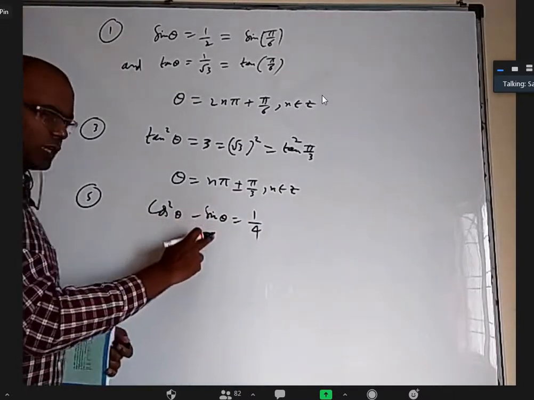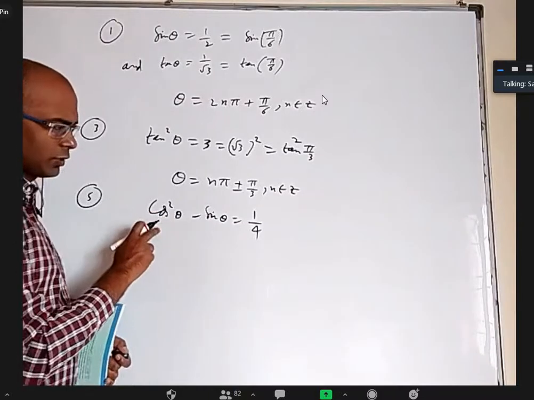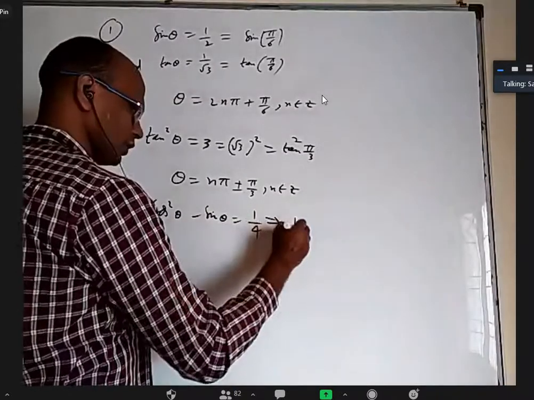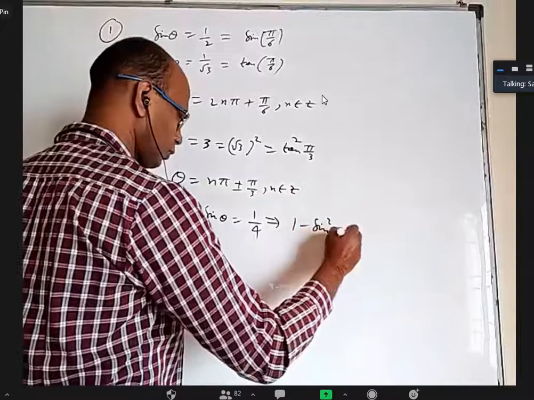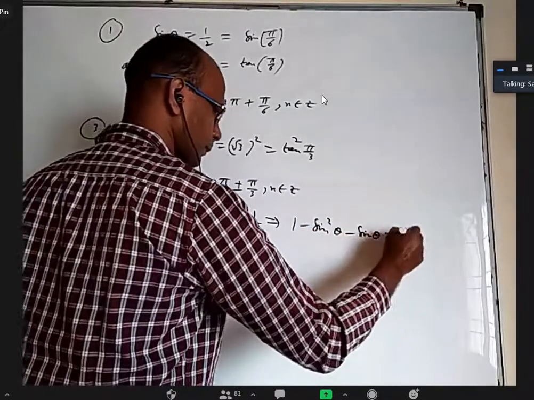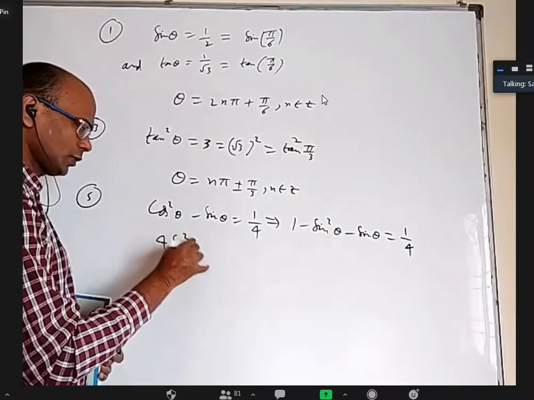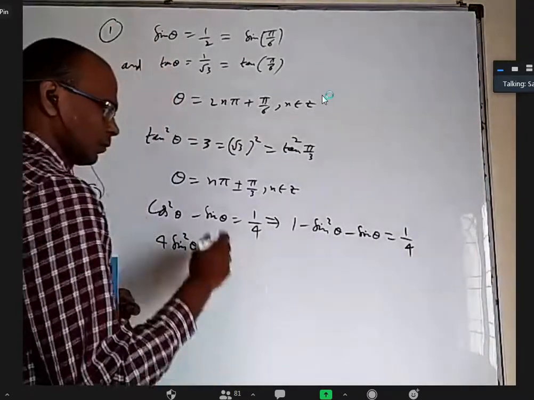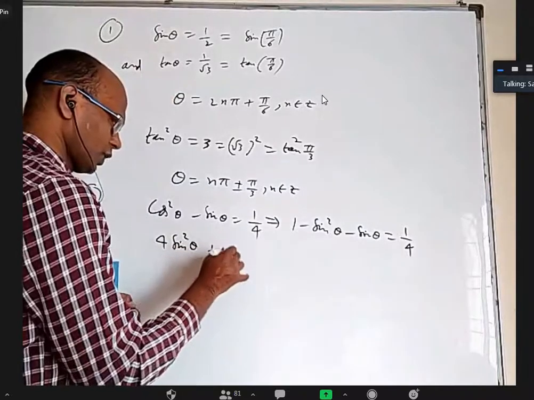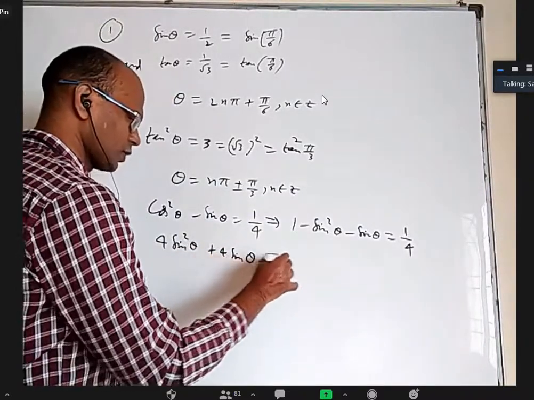We cannot convert sine into cos easily, but cos can be converted into sine. So I'm going to write cos square theta as 1 minus sine square theta, which is 4 sine square theta plus 4 sine theta minus 3 equal to 0.